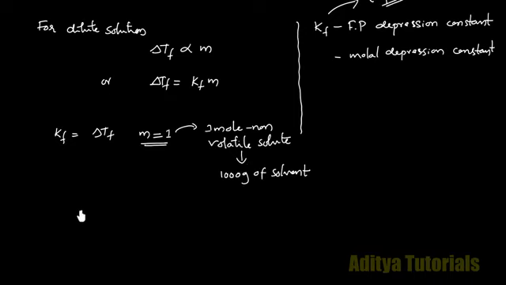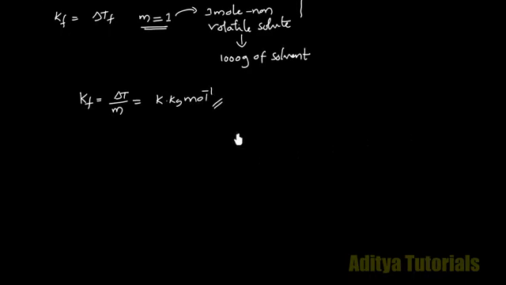Okay, and for that Kf can be given as delta T divided by molality, and therefore the unit becomes Kelvin kg per mole. Kelvin kg per mole is the unit for the molar depression constant. Okay, now we know about the molality.